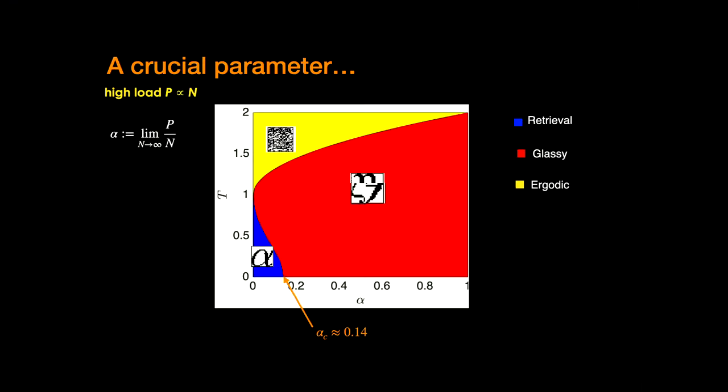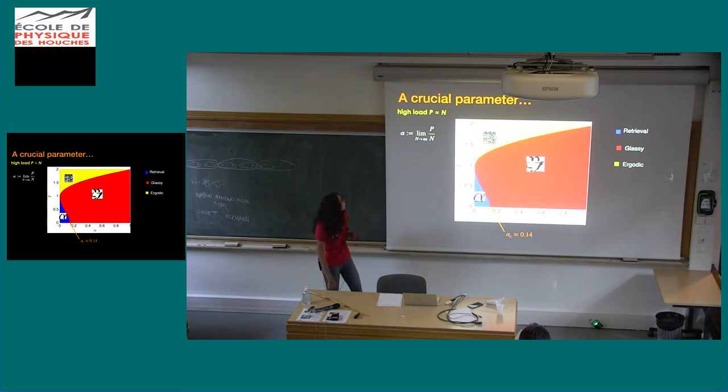A very important parameter for the dynamics is the number of stored patterns. If the number of stored patterns is proportional to N, we have a more complicated scenario, and we don't have a very rigorous result. But we can understand the dynamics by looking at the phase portrait of the system.